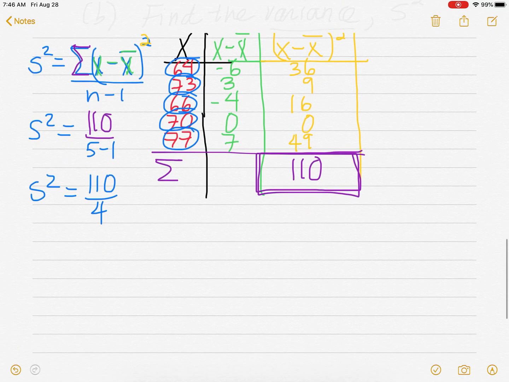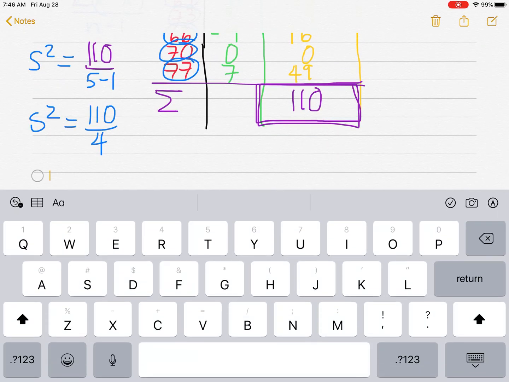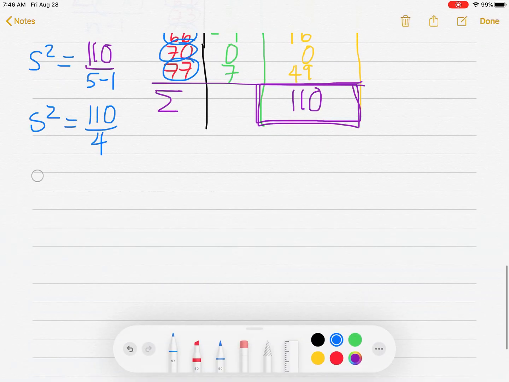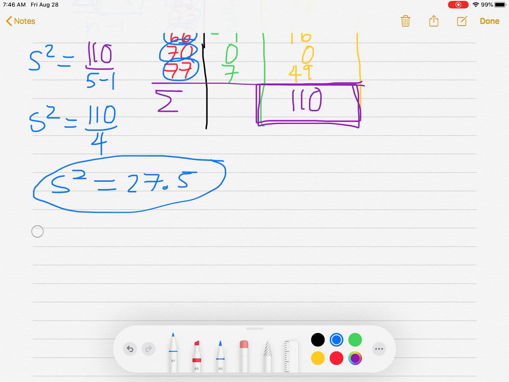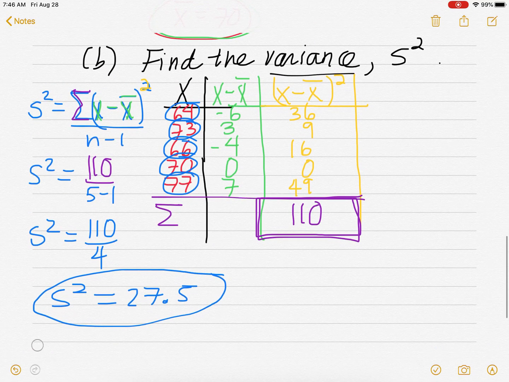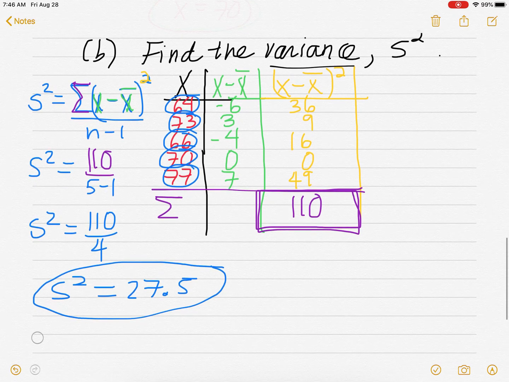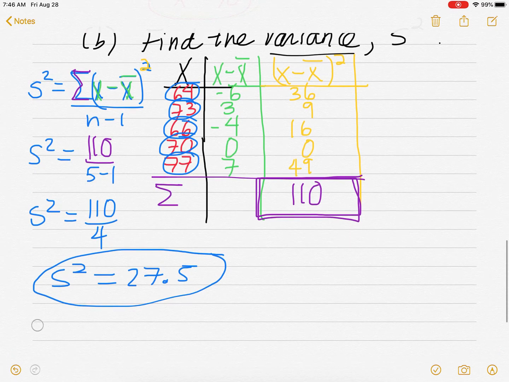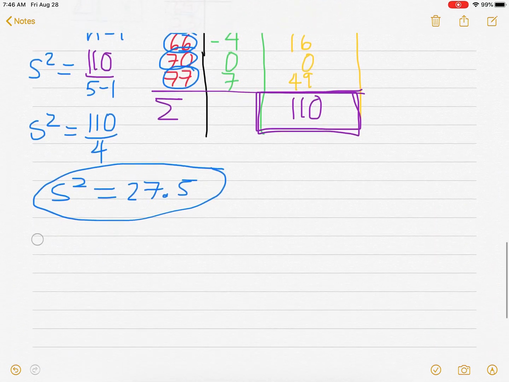That's 27.5. That's the variance, which is what we were asked to find. This is the average squared distance that the data values are from the mean, being 70.